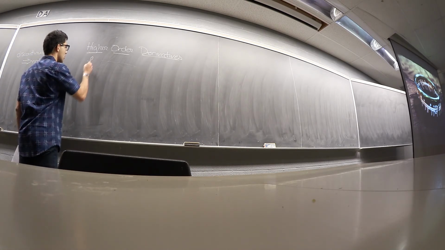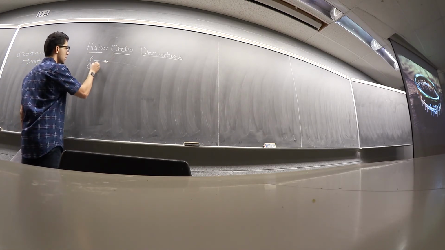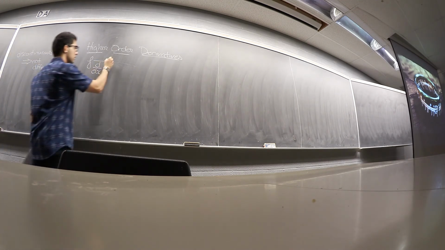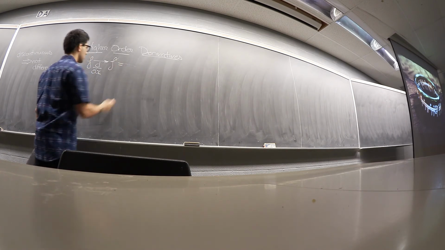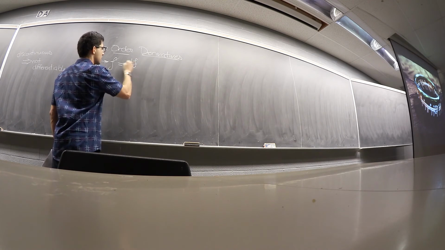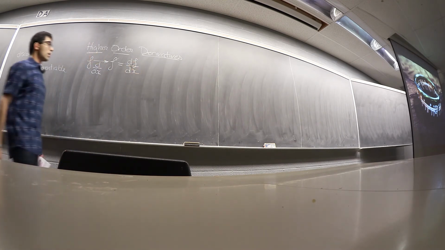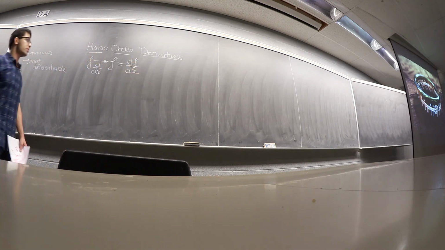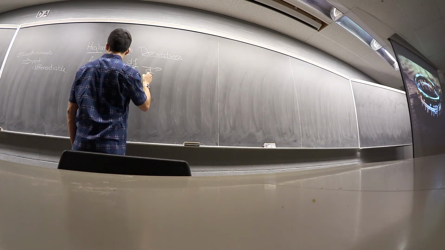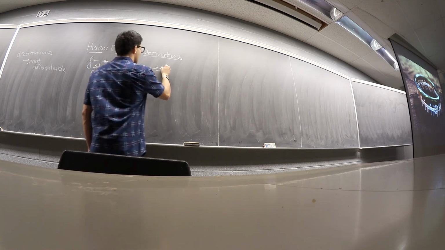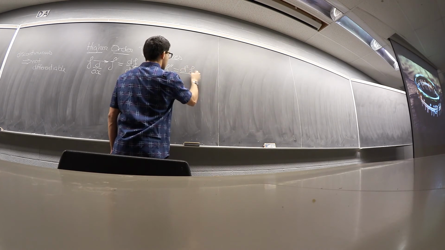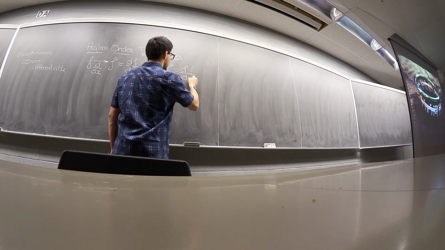So when you differentiate f with respect to x, you get f prime, or df over dx. That's a function, you may be able to differentiate that too. You get what's called the second derivative, d squared f over dx squared.